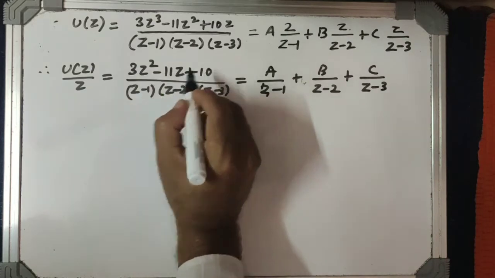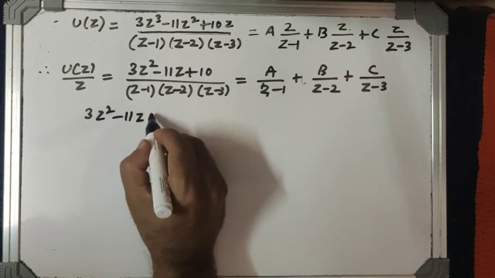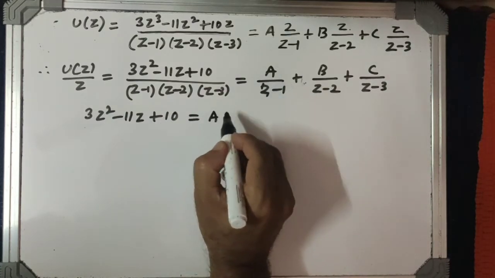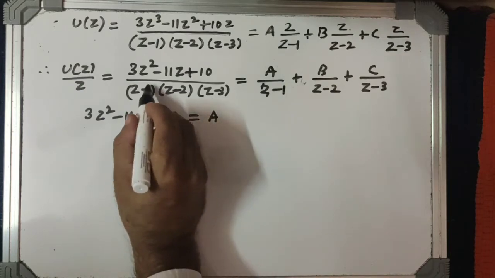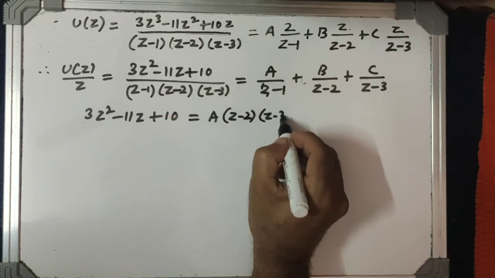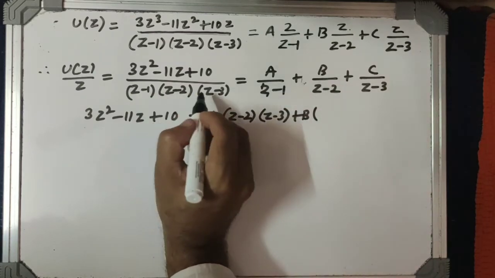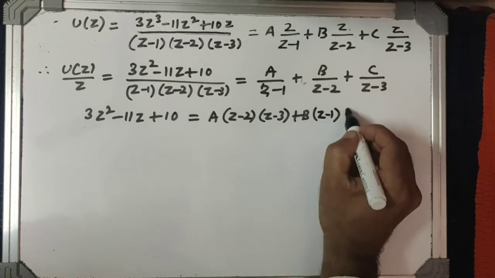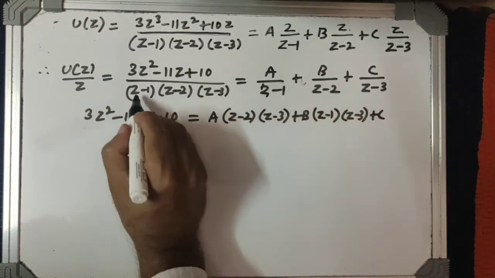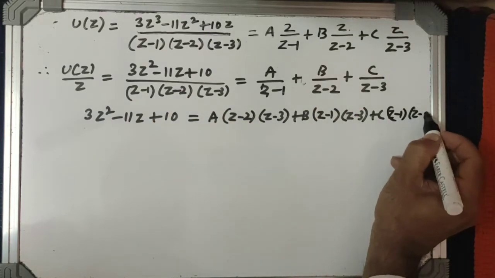So we can write the numerator 3z square minus 11z plus 10 as a into z minus 2 into z minus 3, plus b into z minus 1 into z minus 3, plus c into z minus 1 into z minus 2.